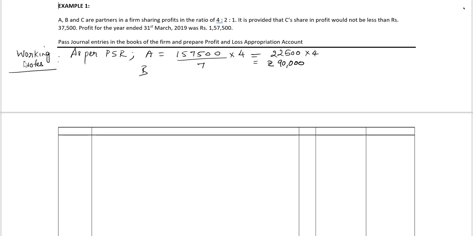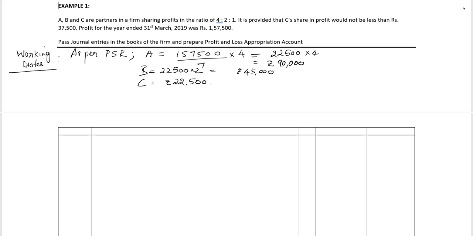B gets 22,500 into 2, which is equal to rupees 45,000, and C gets rupees 22,500.